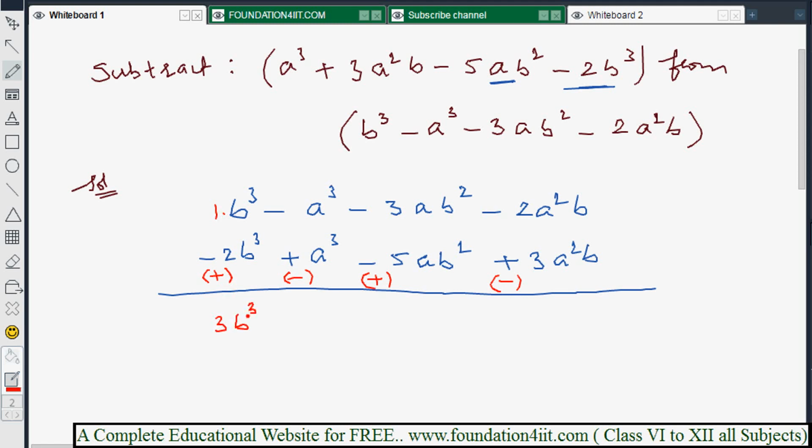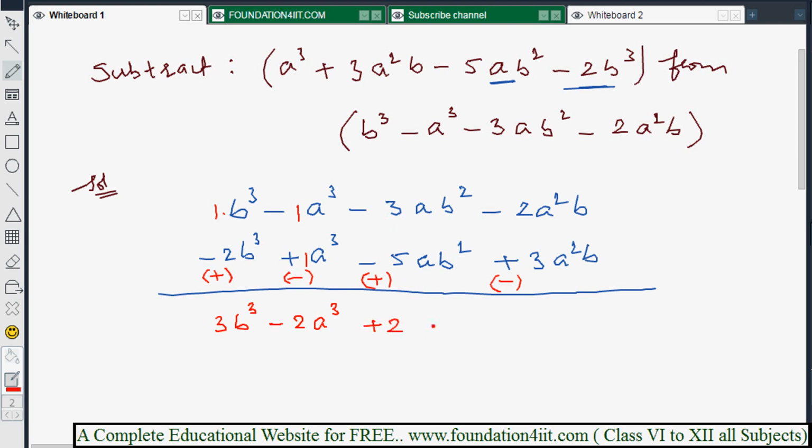So after changing sign, add the first and the new polynomial. Next, minus 1 and minus 1 also here. If there's no number, it's a 1. So minus 2a cube. Then minus 3 plus 5, so plus 2.